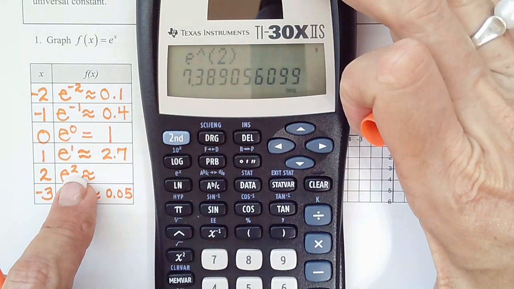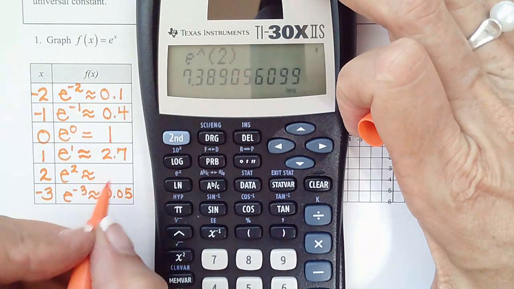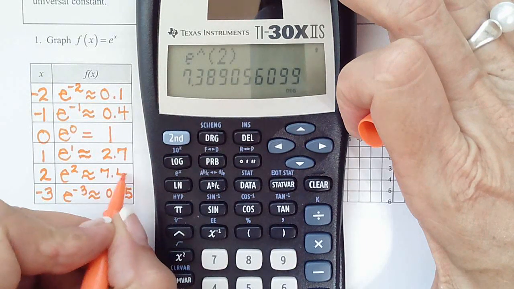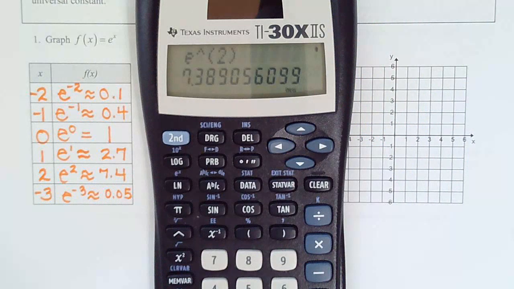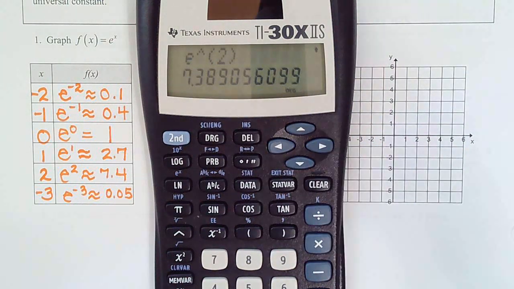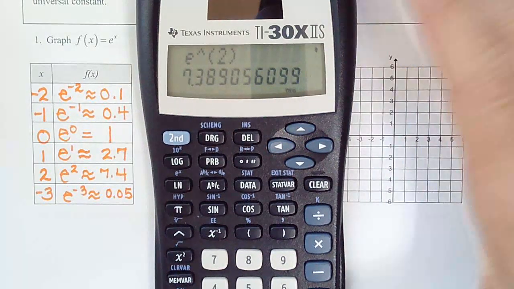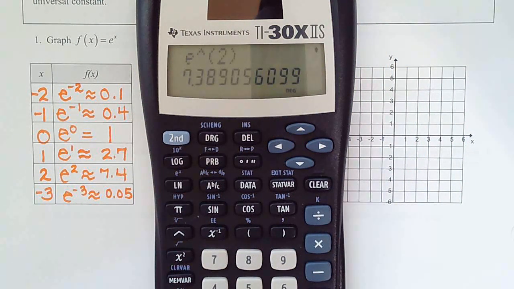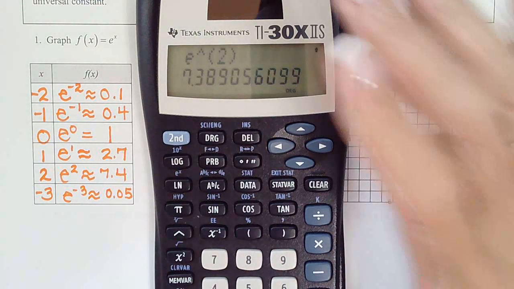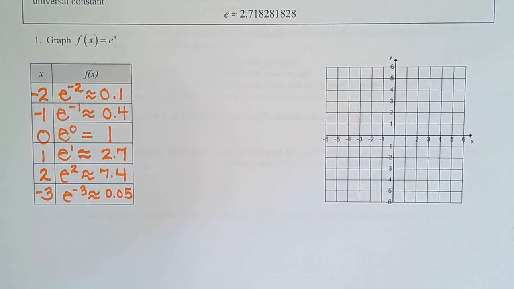And that's about 7.4 rounded to 1 decimal. So that's how we graph exponentials. We just put it into the calculator, or if it's not an irrational base, then we can do it in our head like we did back in 8.3, which was the exponential section, I believe.